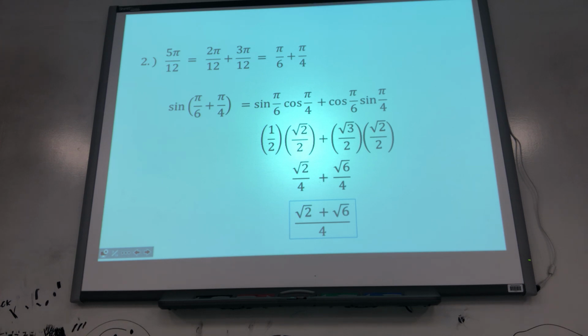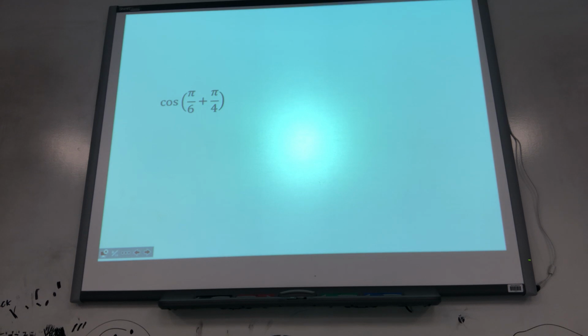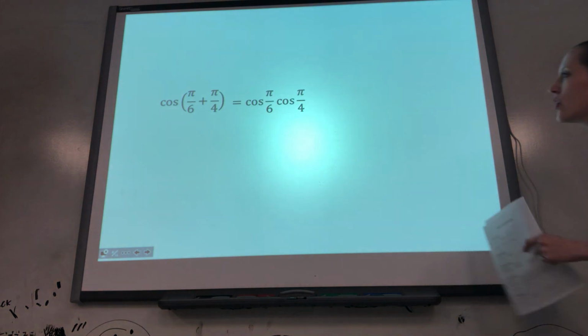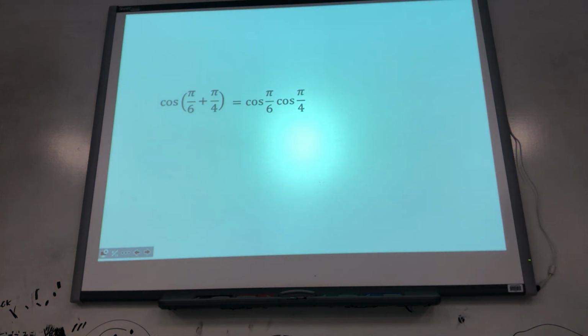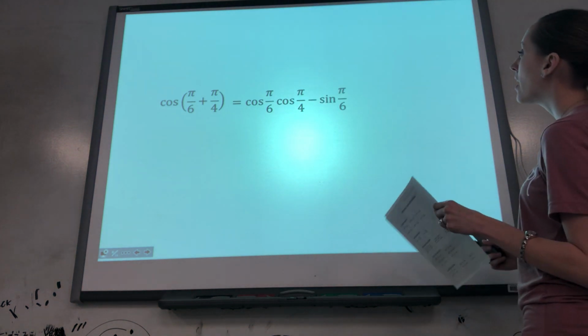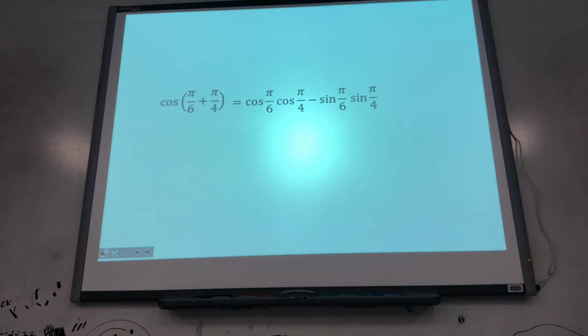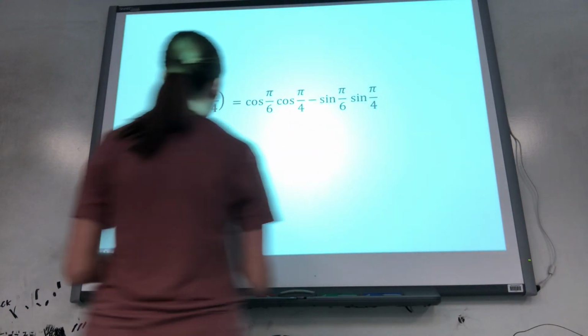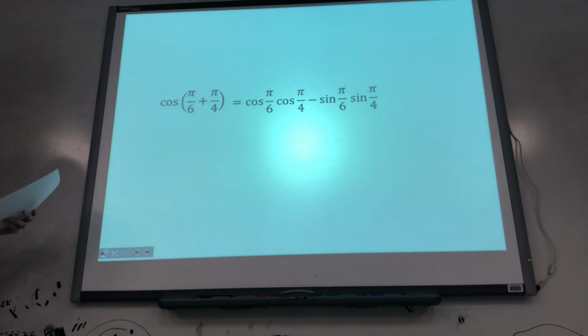We're looking good. Now cosine of pi over 6 plus pi over 4. Here we go. This is the cosine of u plus v formula. I've got cosine of pi over 6 times cosine of pi over 4 minus sine of pi over 6 times sine of pi over 4. And I found all those numbers earlier.